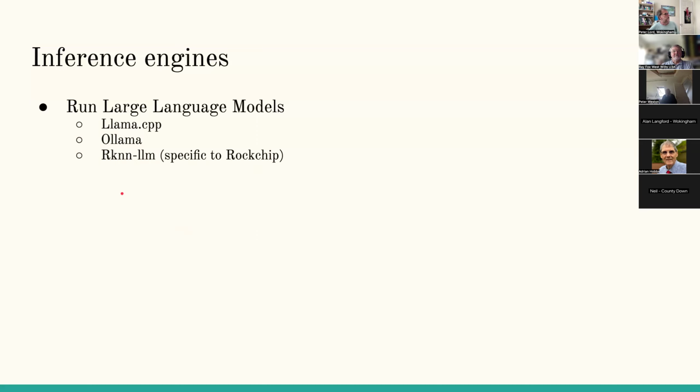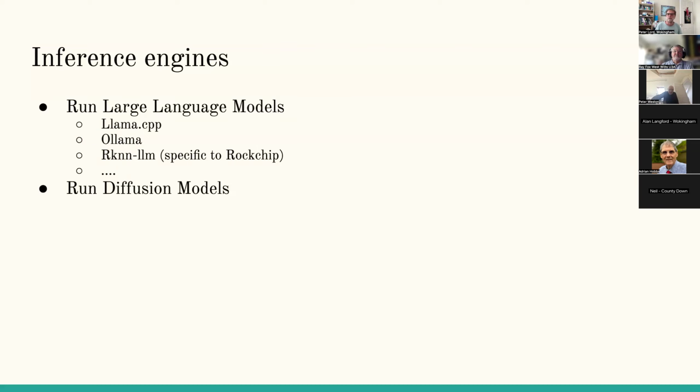And today I'll also be demonstrating RKNN-LLM, which is specific to Rockchip. So this is not a general purpose inference engine like these two are. It's specific to some hardware. And there are others, but llama.cpp and Ollama seem to be the most common ones you see.